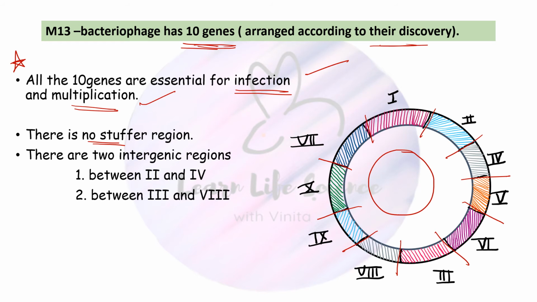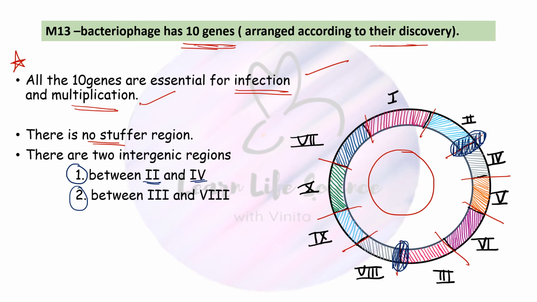We will see the function of intergenic regions, but first just focus on where they are. The first one is between the second and fourth gene, right here. The second one is between the third and eighth gene, between here.